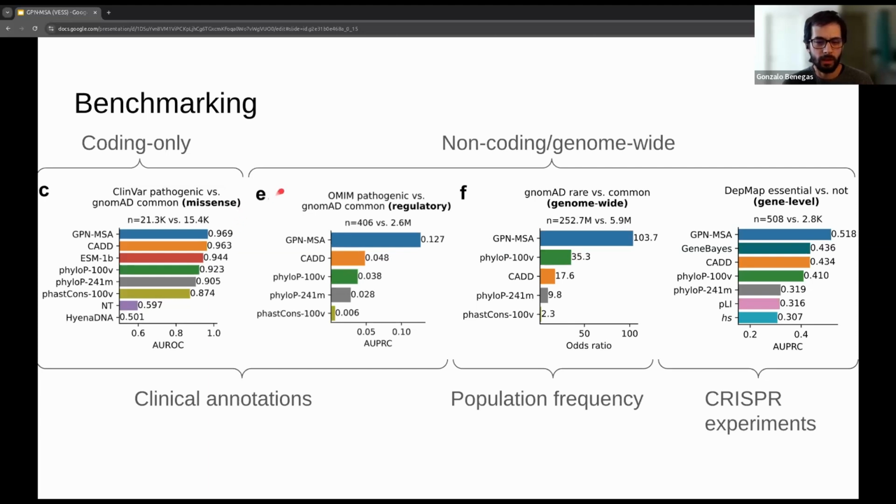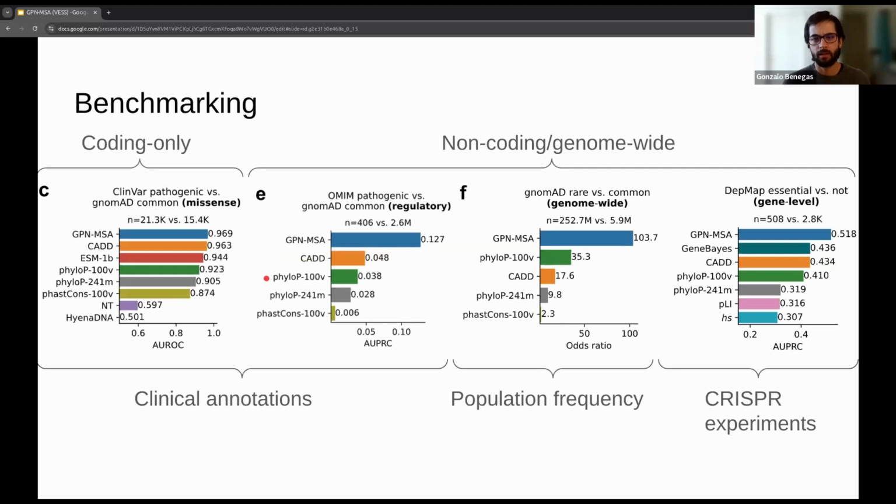Now, moving on to regulatory variants, we found a set of curated disease-causing variants from OMIM, a database of Mendelian disease variants. Here we see that GPN-MSA has a much larger gap with existing methods, such as CADD, PhyloP and PhastCons.